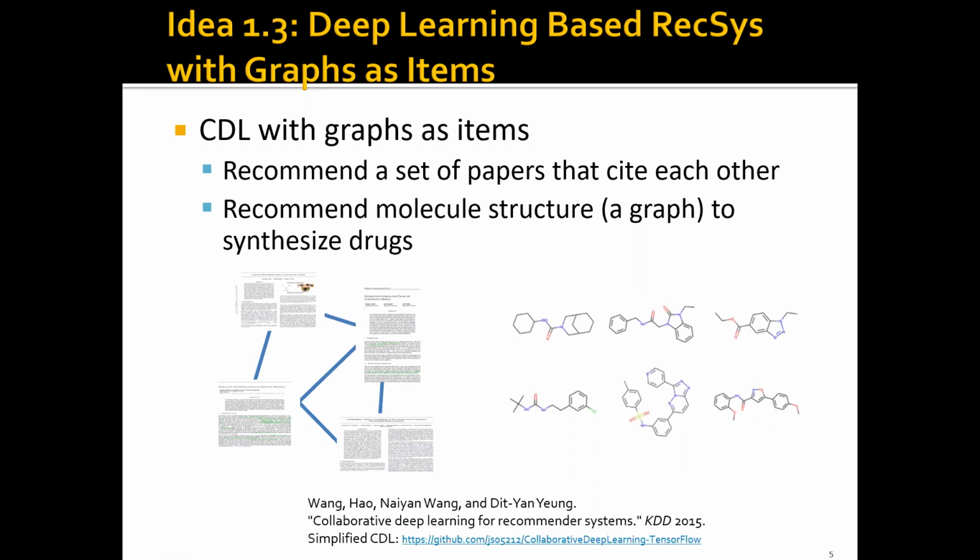Examples may include a system that is asked to recommend a set of papers that cite each other, or a system asked to recommend molecule structures to synthesize a specific drug. And this molecule structure is actually a graph, right? So how do we modify or extend this CDL model such that we can actually recommend graphs? This is another possible idea.